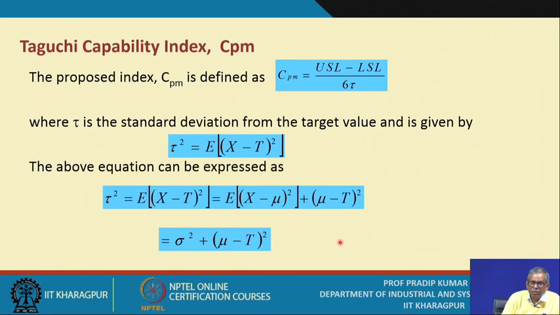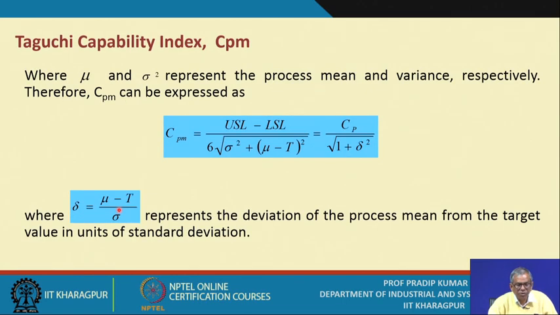That means we assume that there are no dependency conditions. Okay. So, under these conditions, this is basically sigma square, that is the variance, and this is mu minus t square. Is it all right? So, this is the simplified expression for tau square, and when you substitute this expression for tau in the CPM expression, you get USL minus LSL over 6 times the square root of this.